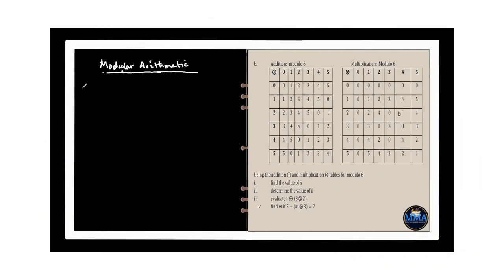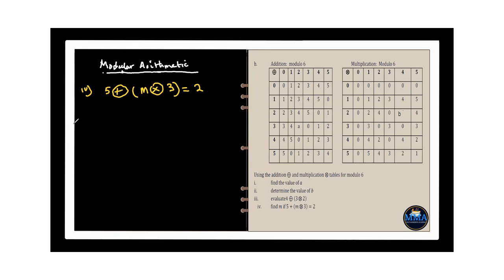So for IV, we are told that 5 plus, in brackets, M times 3 equals 2. So that is, when we add something to 5, we are going to get 2.